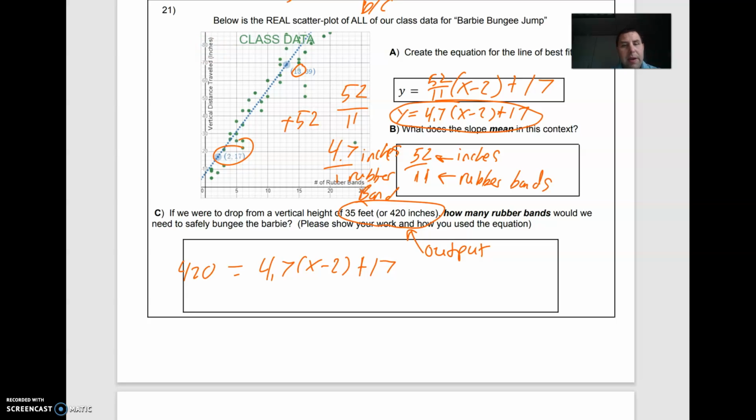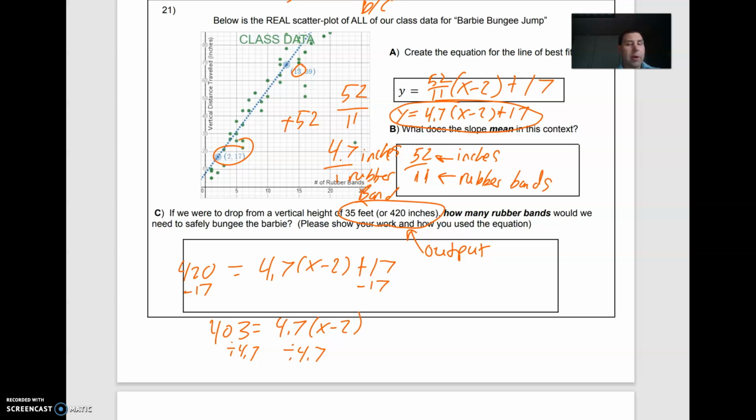So if you use 35, you're going to come up with a much smaller answer than would make sense for this situation. So if I subtract 17, that would give me 403, which now I need to divide by 4.7 to get rid of that multiplication. Let's see if I have a calculator.